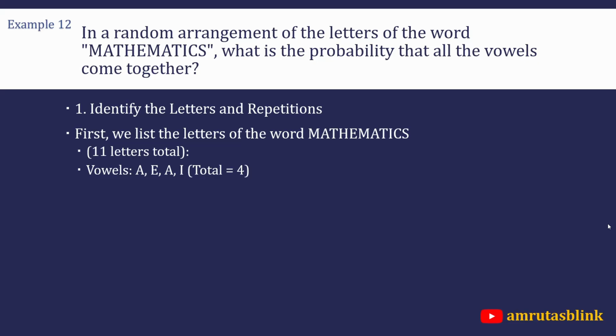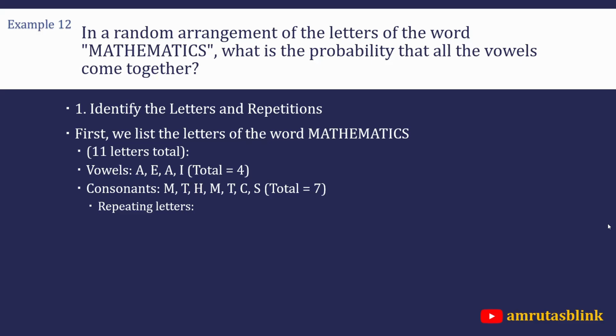Now out of these 11 letters, there are a few vowels and a few consonants. So let's list down the vowels first. A, E, again A and I. So out of these 11, we have a total of 4 vowels, and the remaining are the consonants, that is M, T, H, M, T, C and S. These 7 consonants are there.